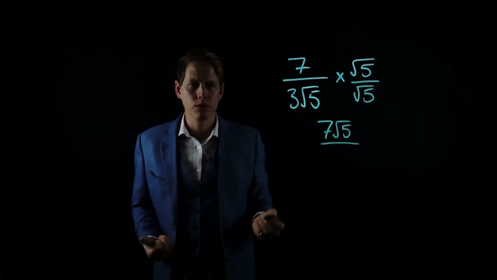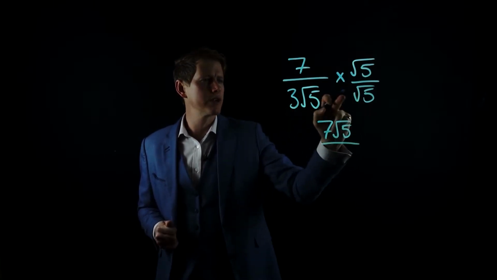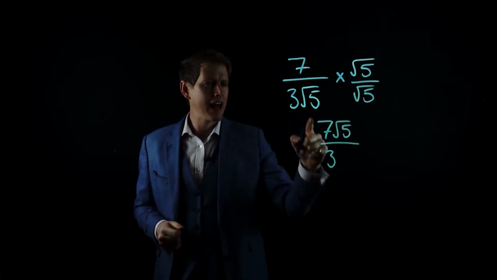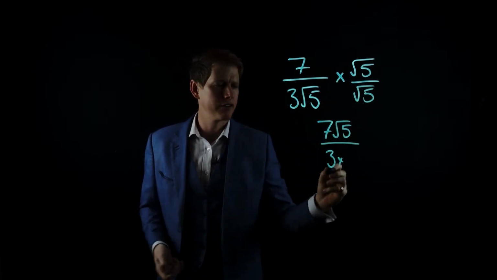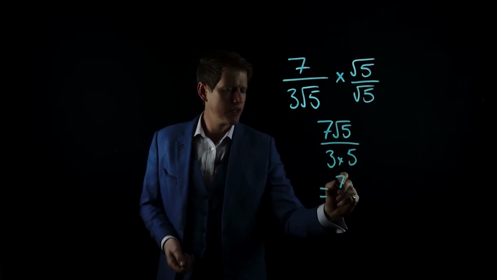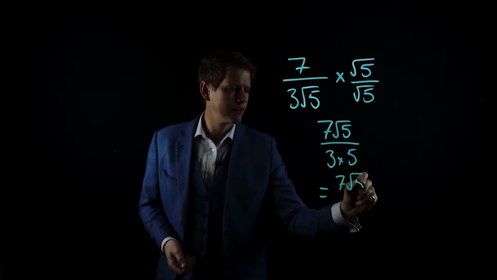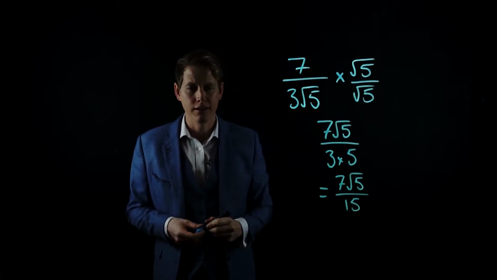The denominators, well, this is a little bit more complicated. Remember, this is the same as 1 root 5, so we could do 3 times 1, which is 3, and we're multiplying that by root of 5 multiplied by root of 5, which is just 5. And this time we can simplify it further to 7 root 5 over 15. We can't simplify it any further.